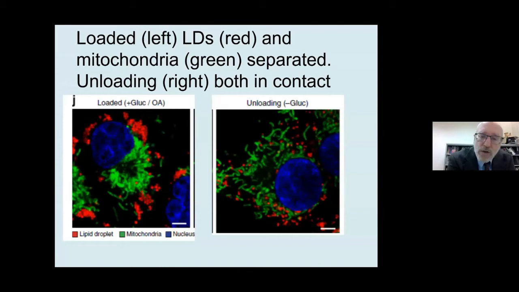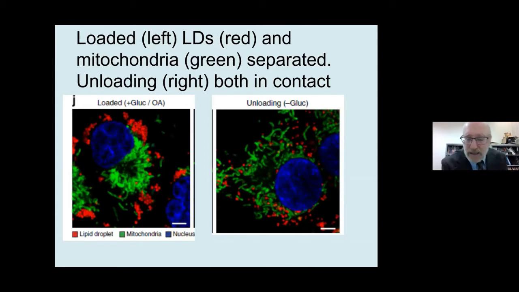Now, when you suddenly remove the glucose so that you no longer have the ability to run on sugar, basically the mitochondria will switch over and start using fatty acids. In order to use the fatty acids, they have to get the fatty acids from the lipid droplets. And so what happens is you move the mitochondria out on a subset of microtubules, and you move the lipid droplets onto that same subset of microtubules.